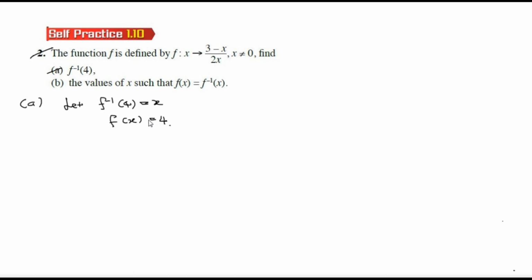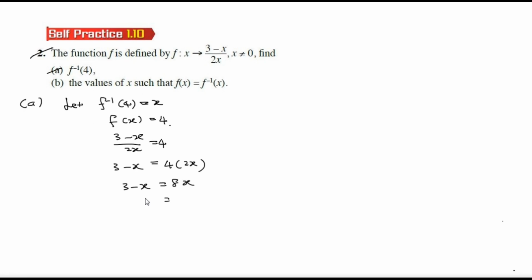That's how we start. Then fx is 3 minus x over 2x equals to 4. Times both sides with 2x. So we have 4 times 2x, 3 minus x. We have x for right hand side.